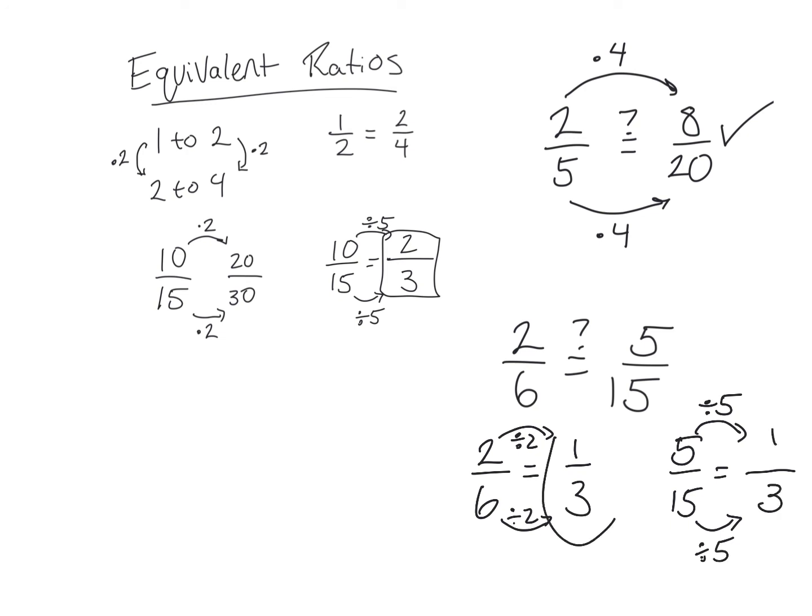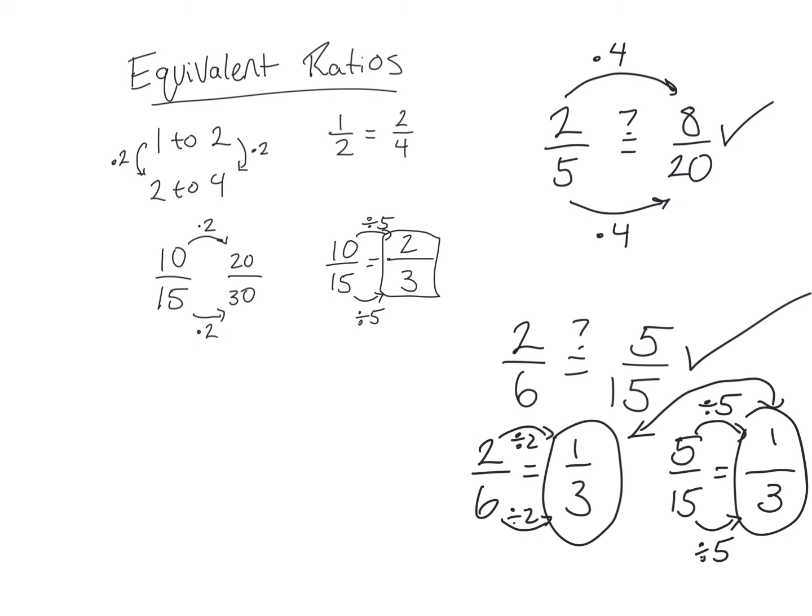So if our simplest form fractions are the same, then our original ratios were equivalent. Okay, so that's one strategy that you can always use to see if two ratios are equivalent: automatically bring them down into simplest form.